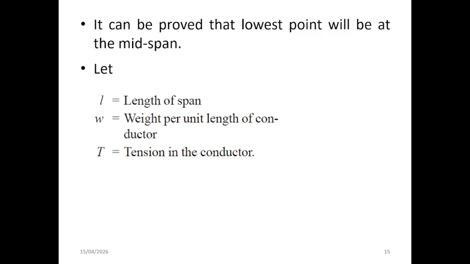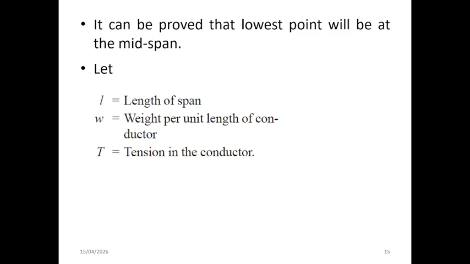This slide also introduces important parameters used in the analysis. The span length L is the horizontal distance between the two supports. The term W represents the weight per unit length of the conductor, which acts downward and causes the sag.